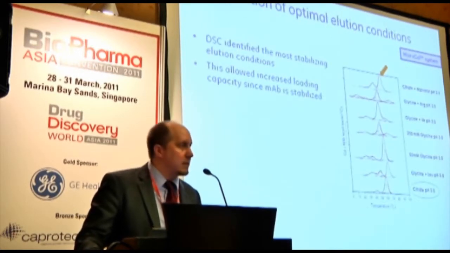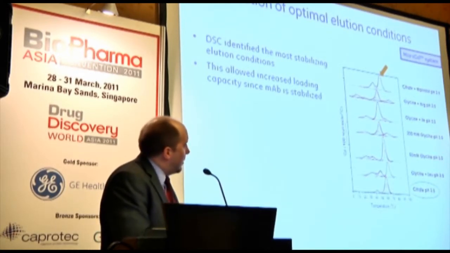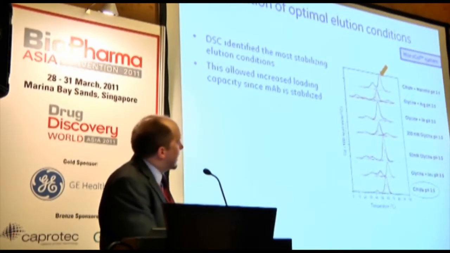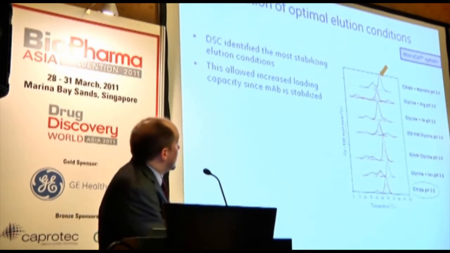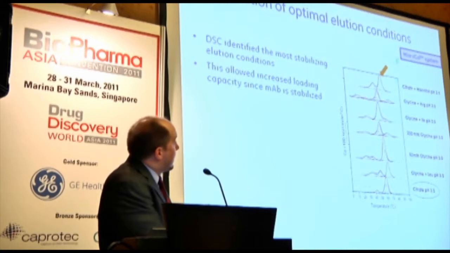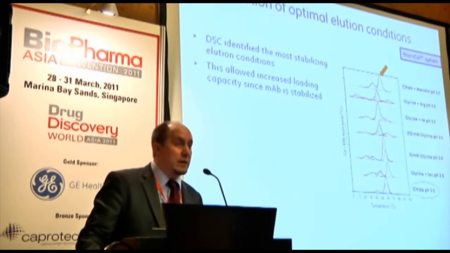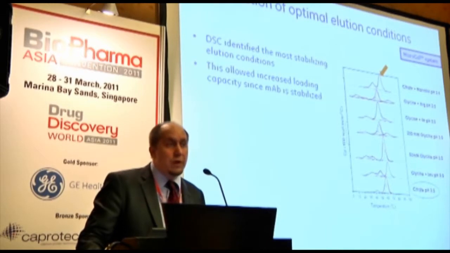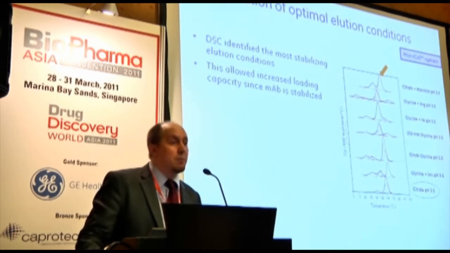capability of DSC. So they started with a buffer of citrate pH 3.5, changed conditions, and found after a few days that the additional mannitol at the same pH actually shifted the TM to the right, to a higher temperature. So that really conferred stability to the protein of interest. And by doing so, they could increase the load on that isolation step in the process.